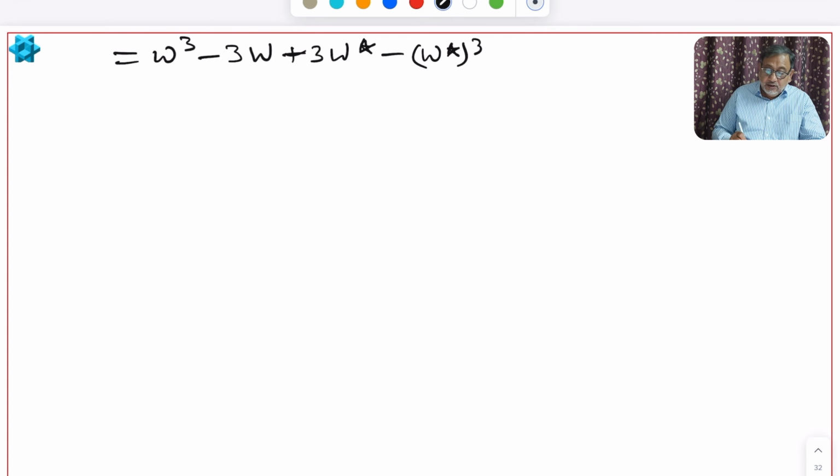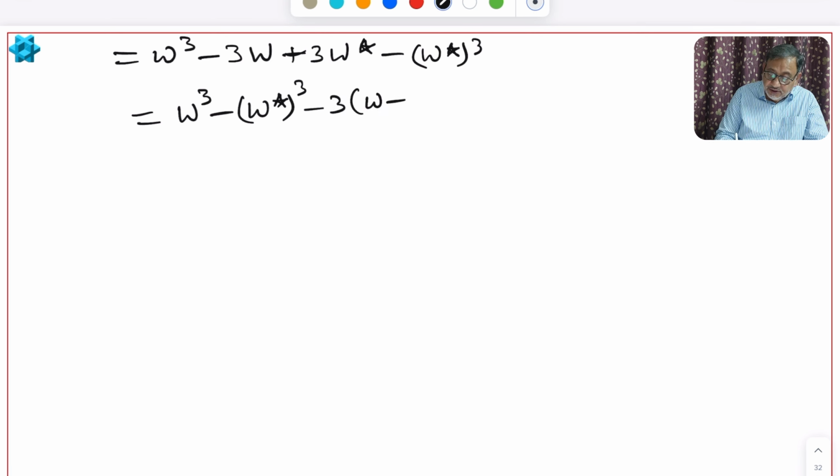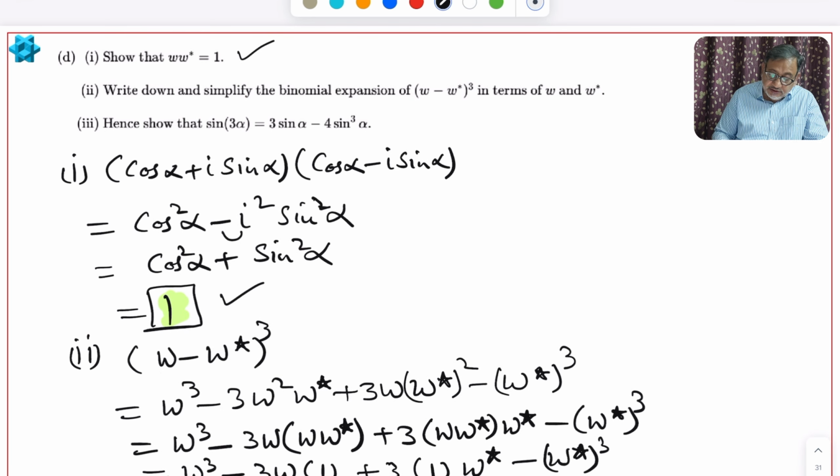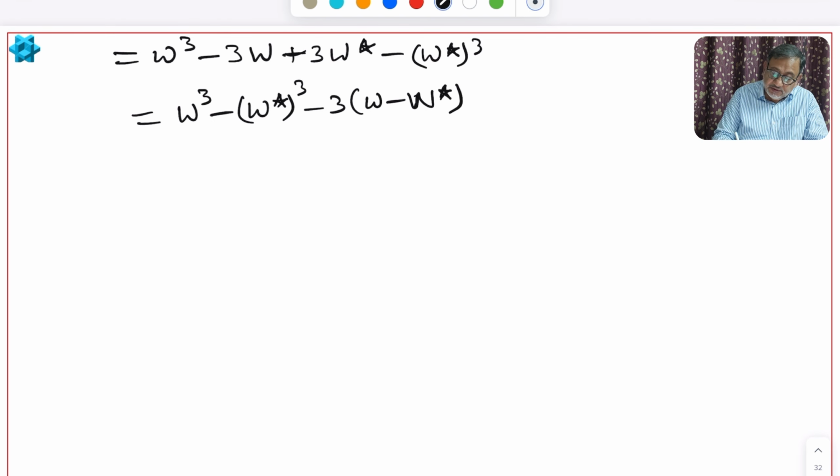So what we have got now is w cube minus w conjugate cube, and from both of them minus 3 can be common, so w minus w conjugate. I think this was the required result. Here they said simplify, so this is the simplified form, right?